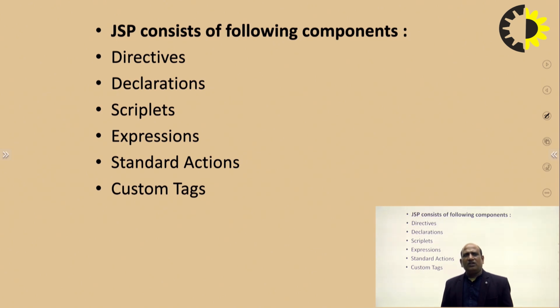So whenever you are asked what the JSP tags are, these are the tags of JSP: directive, declaration, scriptlet, expression, standard action tags, and custom tags. So let us understand them one by one.